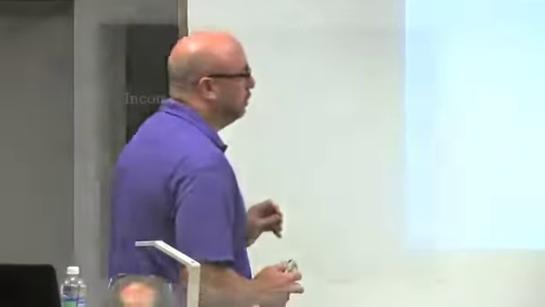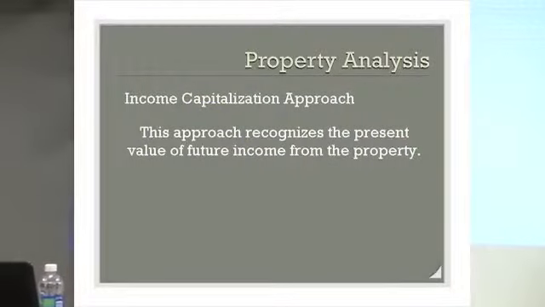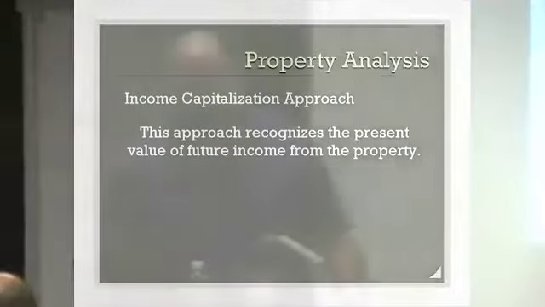So the third technique, or third way that we assign value with multifamily unit properties, is the income capitalization approach. Now, this is where it starts to get a little tricky. This approach is defined by saying it recognizes the present value from future income.